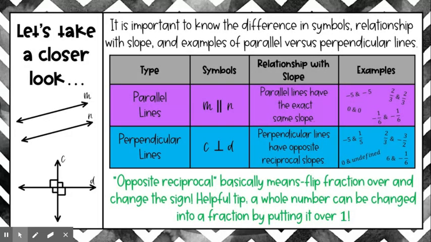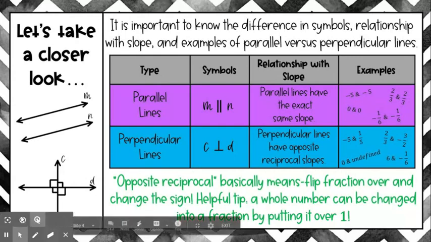So it's important to know the difference in symbols and relationships with slope, and be able to give examples of parallel versus perpendicular lines. So parallel lines, let's look at these purple boxes. The symbol for parallel lines is you have the name of each line.